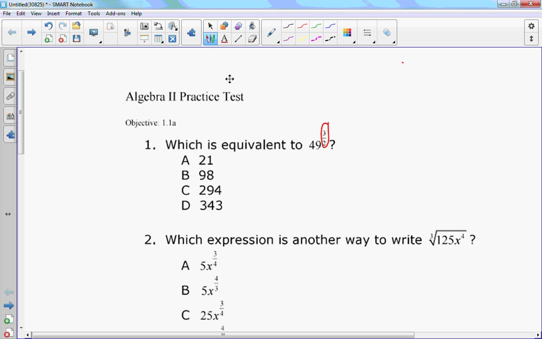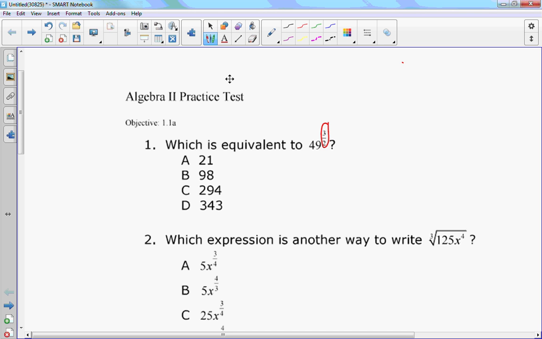Okay. What does the denominator mean? The 2, what does that mean? What's something to the 1/2 power? It's a shape, square.